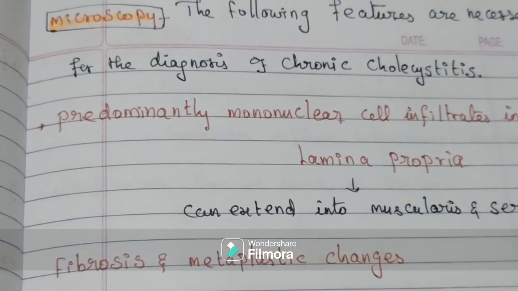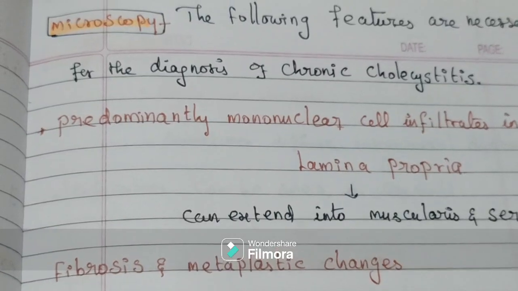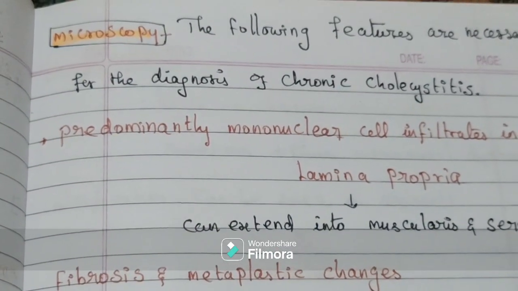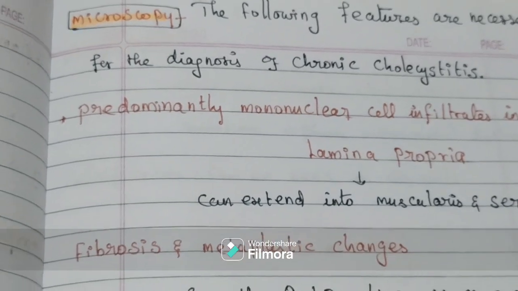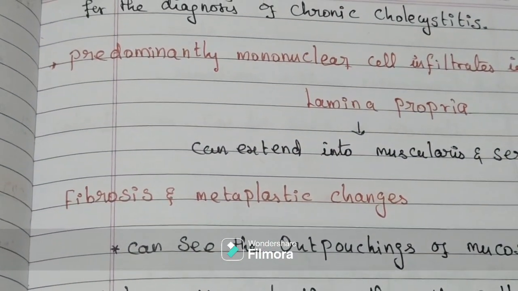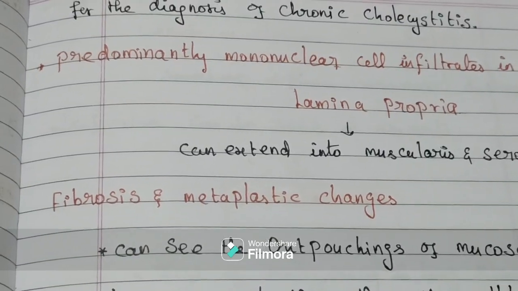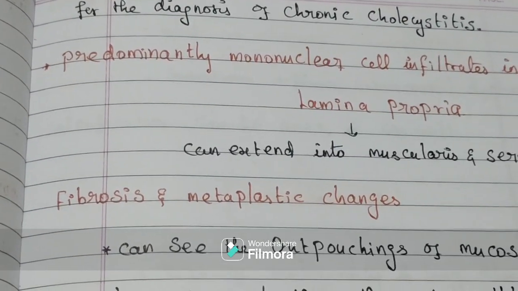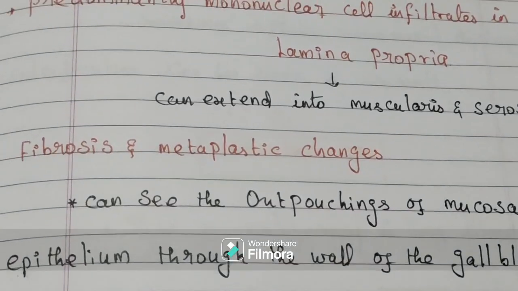It can be lymphocytes, plasma cells and macrophages. Then fibrosis and metaplastic changes should be seen.